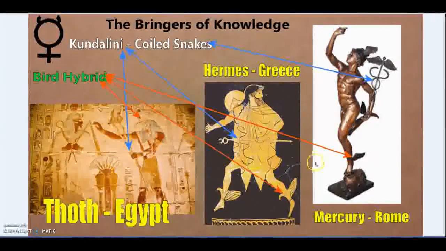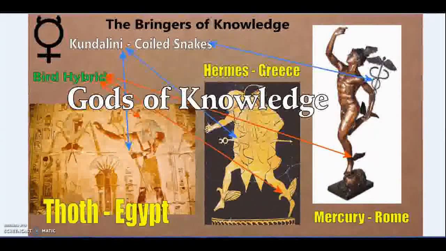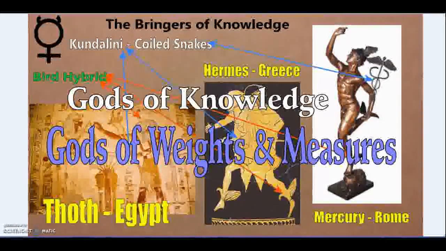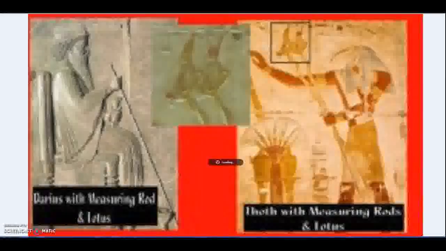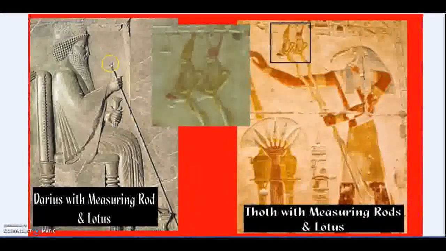So Hermes, the Greek, Mercury in Rome, and Thoth, they have similar themes. A bird hybrid, wings on his feet. The Kundalini, the snakes about the rod, and gods of knowledge, gods of weights and measure, and commerce as well. And this will also apply to navigation, geometry especially is at the core of navigation. But for instance, Darius with a measuring rod, Thoth with a measuring rod.